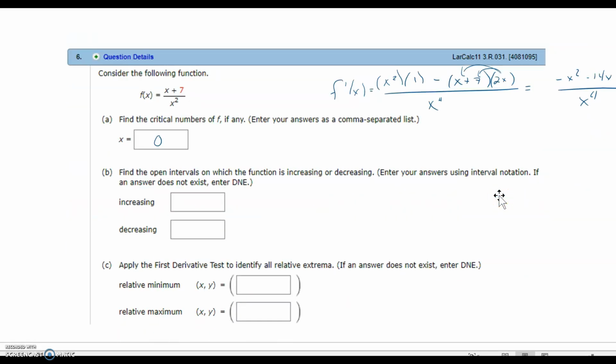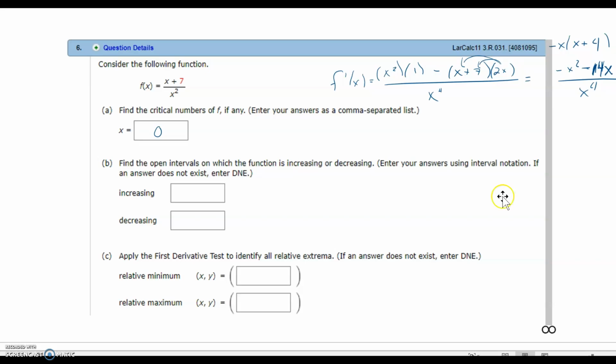And then the numerator is negative x squared minus 14x is what that says. And if you set that to 0, well, you could probably do something like that. We could clean this up. If I factor out a negative x, that would give me x plus 14, right?